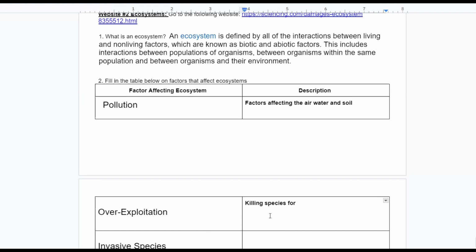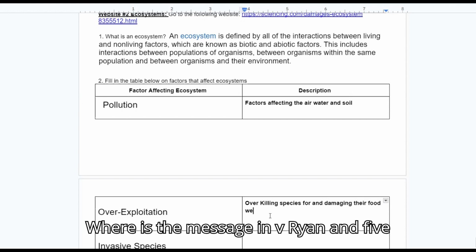It's actually overkilling species and damaging their food web.